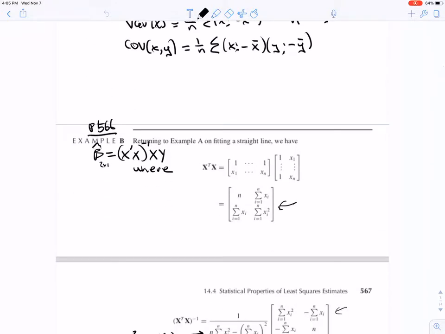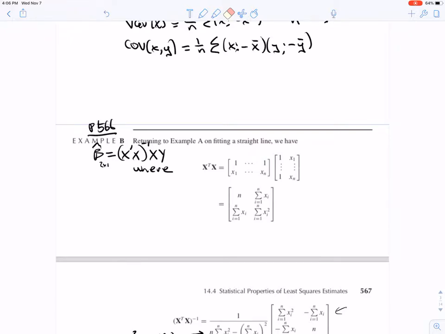So we went over page 566 in the book, where we just saw what X transpose X inverse X transpose y means in simple linear regression.